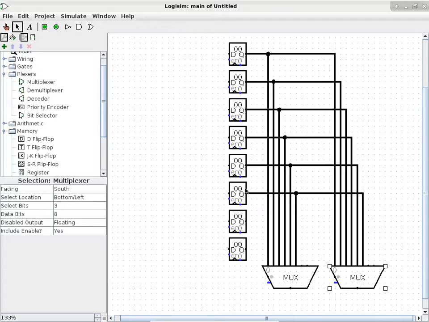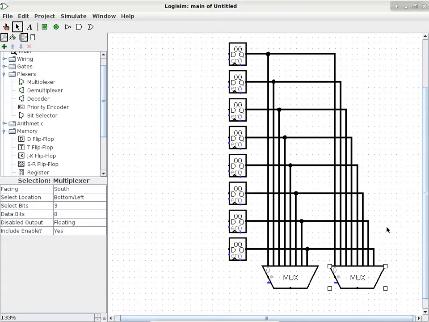Can we use multiplexers in our next assignment? No. But interestingly, you can implement a multiplexer using a lot of AND gates. A multiplexer would not really help in your next assignment.